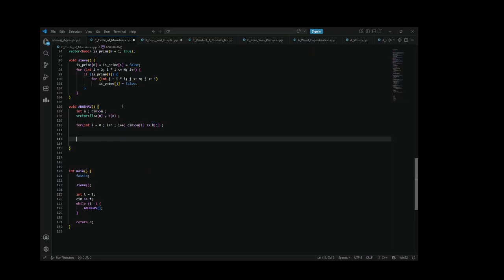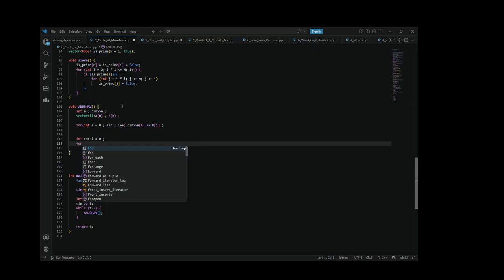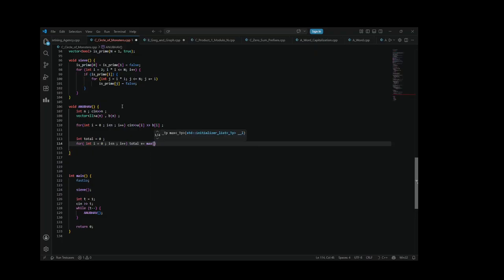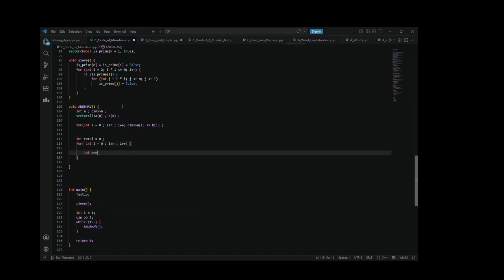Alright, to calculate the total sum, I'll denote total as 0, and then we'll iterate over the whole array. Sorry, I'll write the code. This is the circular index that I have already told you, modulo n.